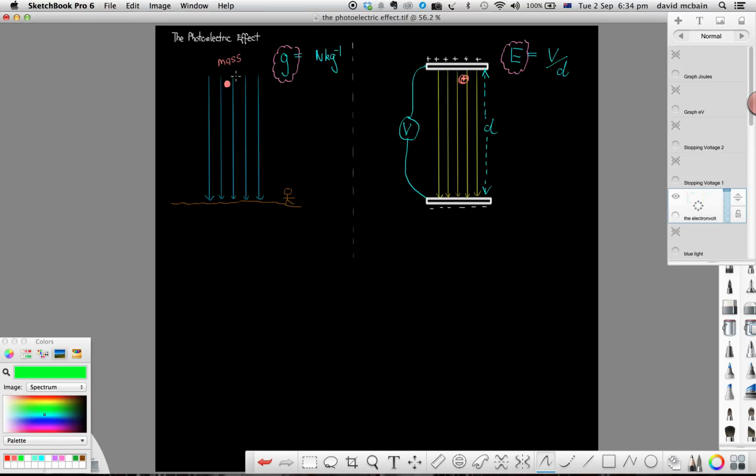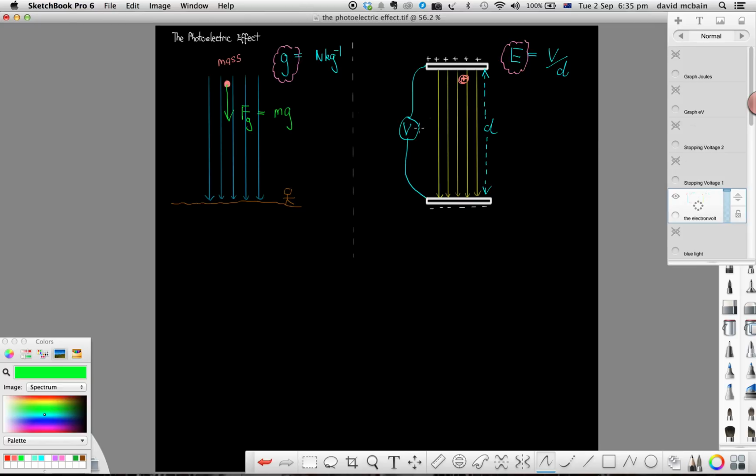So if we look over here at our gravitational situation, then we know that the force due to the gravitational field, which is a force due to gravity, otherwise called weight, is simply equal to the mass of the object multiplied by the strength of the gravitational field. So it's m times g.